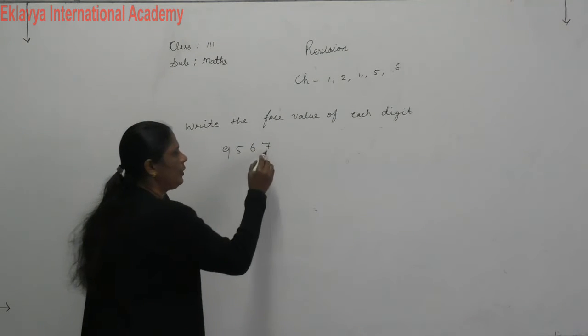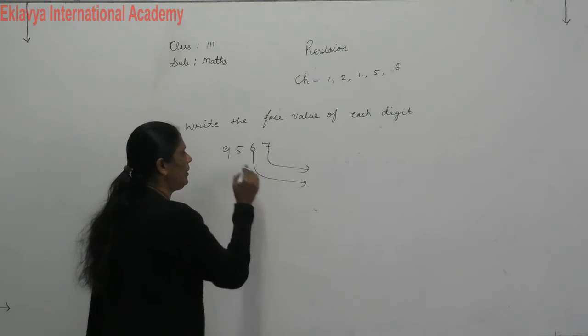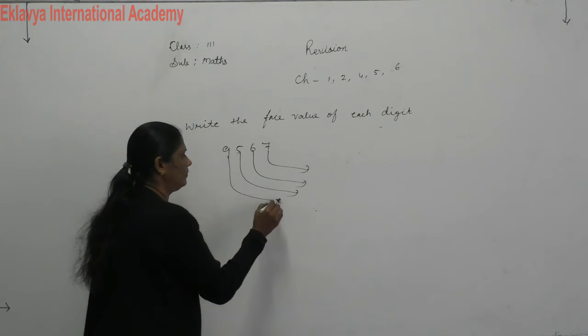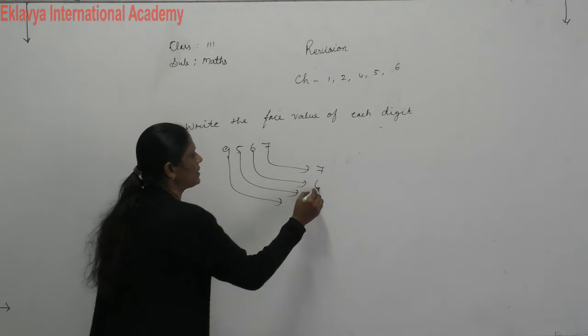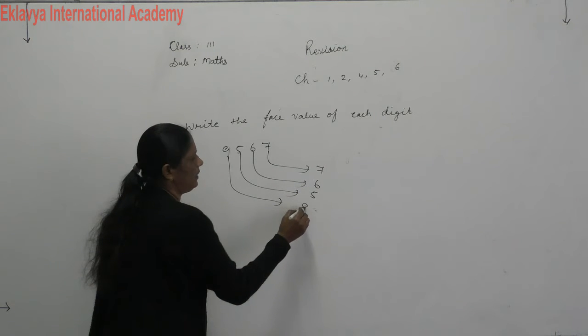Then this type you write. Here 7, here 6, here 5, here 9.